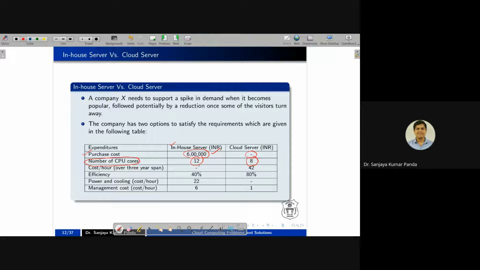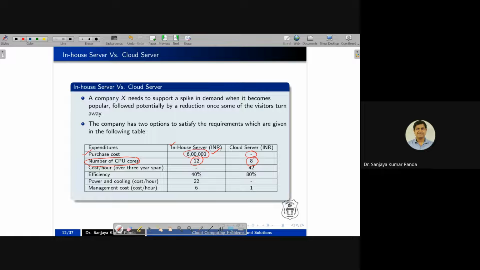So in the in-house server you have taken 12, because in future if you want to scale, it is possible. But in the cloud case, you are optimistic, so you took 8, and you thought that whenever it is required to increase to 12 cores, we'll increase it. So nothing to worry, and no need to buy it before, right? You can increase at any point of time.